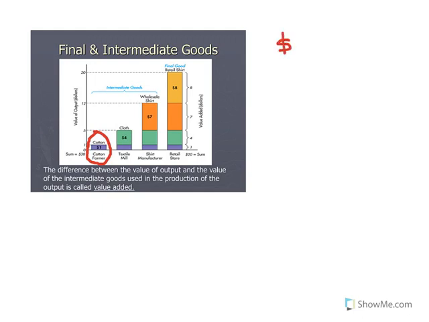So we have $1 so far, and then we see that the textile mill takes that cotton and weaves it into cloth. Now they turn around and sell that cloth to the shirt manufacturer for a total of $5. In other words, the $4 that they added of value plus the dollar of the value that came from the cotton farmer. So the total sell price to the shirt manufacturer was now $5.